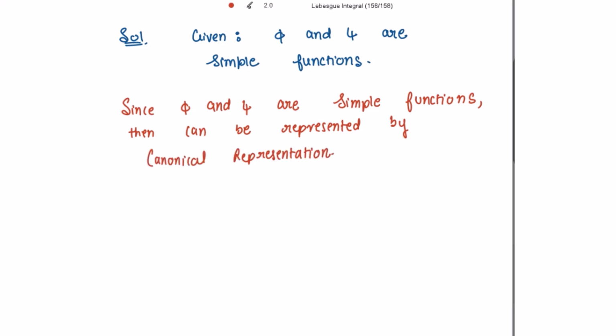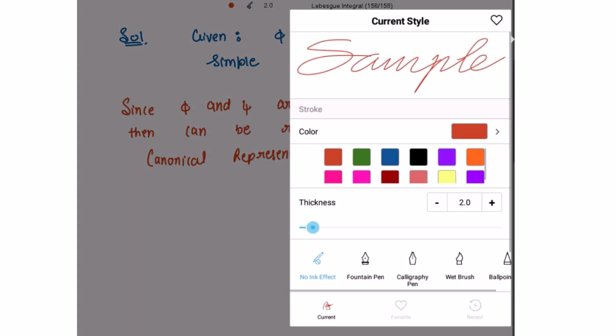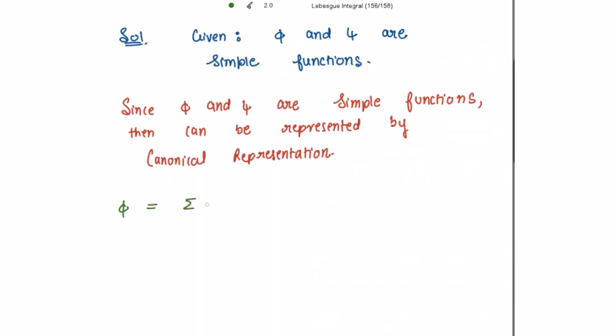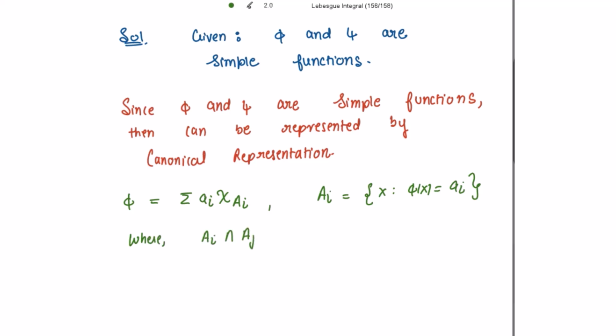How are they represented canonically? Phi is equal to the summation of a_i chi A_i, where this capital A_i is the set of all those x for which phi of x is equal to the constant small a_i, and also where the intersection of A_i with A_j is empty for i not equal to j.